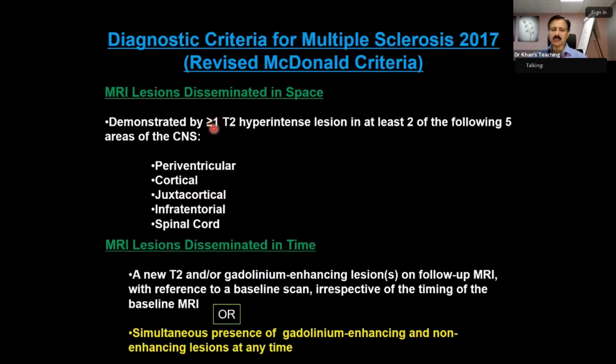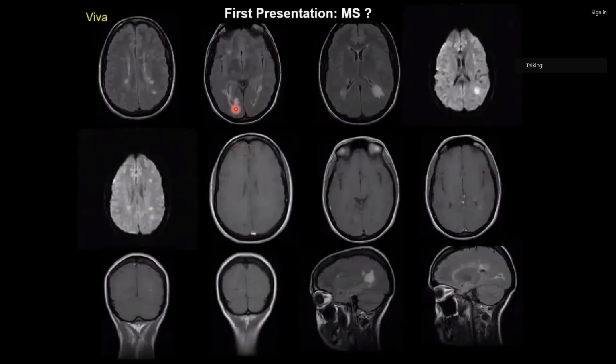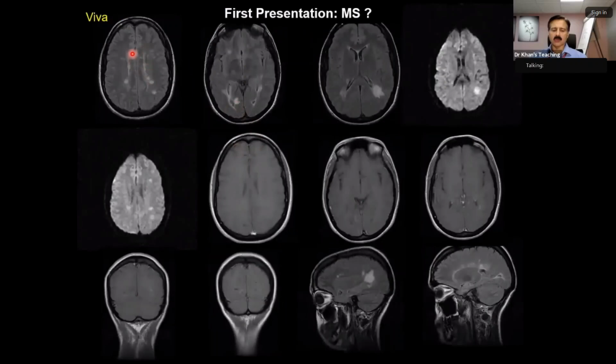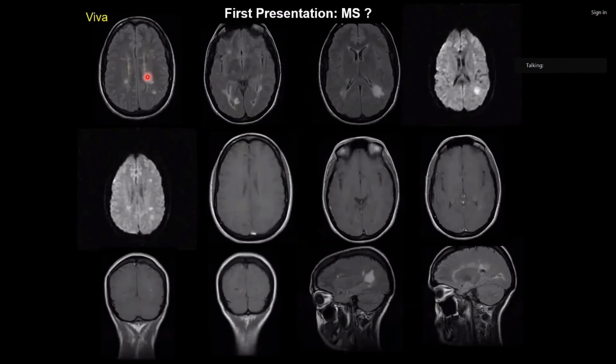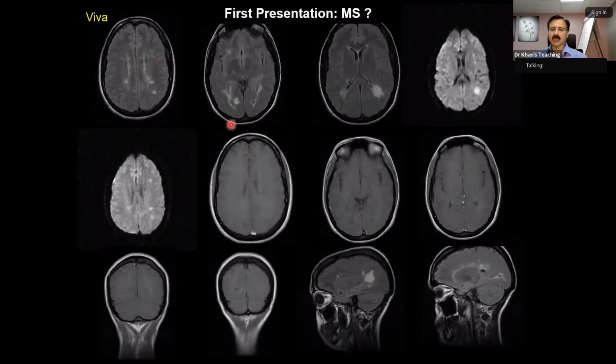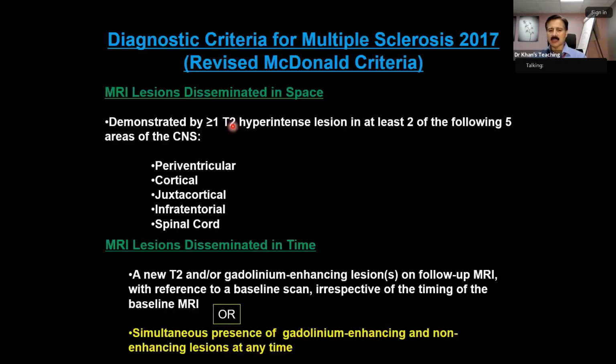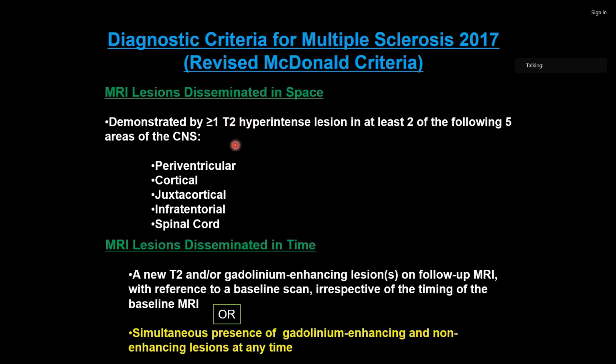And how many lesions? At least 1 or more than 1. So in this particular case, you can see so many, you don't have to count them. Some of them are definitely periventricular, and then there are subcortical ones here. So the criteria is met. This criteria is met, dissemination in space.